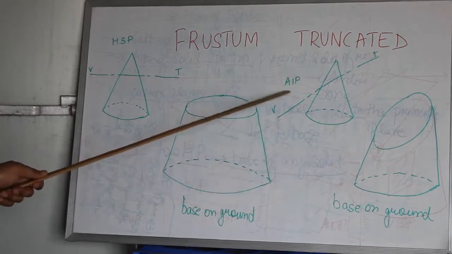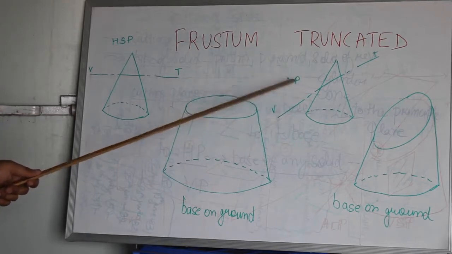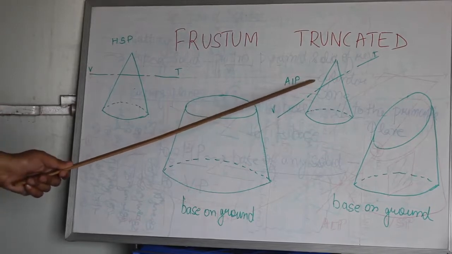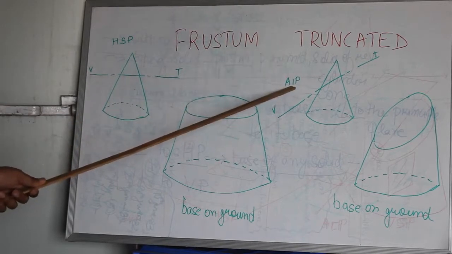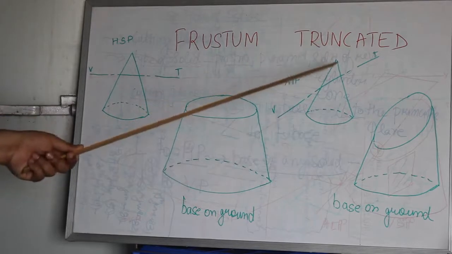So over here AIP, and AIP is the auxiliary inclined plane. Auxiliary means it has its surface inclined to one principal plane, which is HP, because in AVP the cutting surface is inclined to the vertical plane.